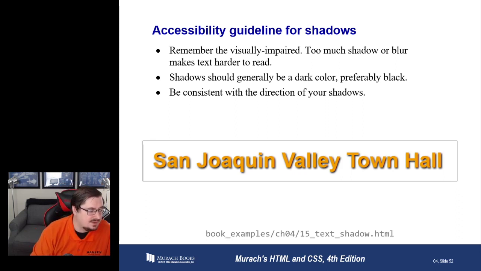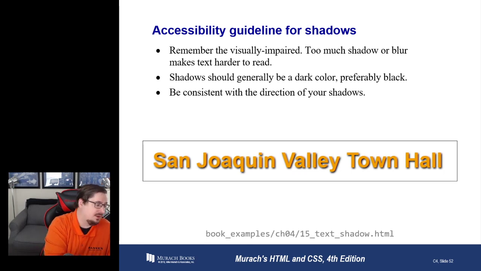If that makes any sense. So if the light's coming this way, then the shadow's going to be coming that way as well. So you just want to be consistent and think about what the direction of the shadow says about the direction of the light.